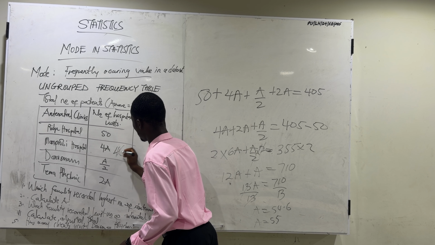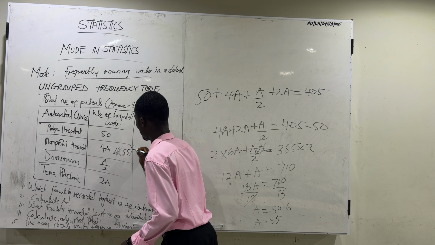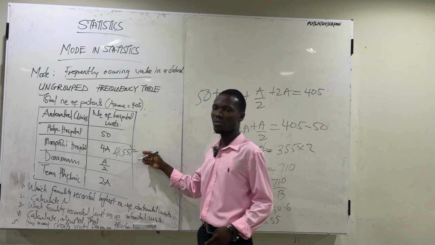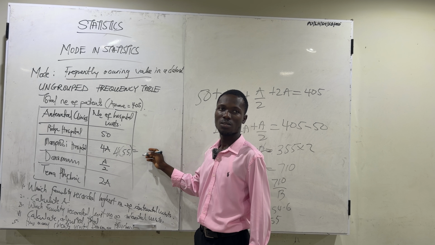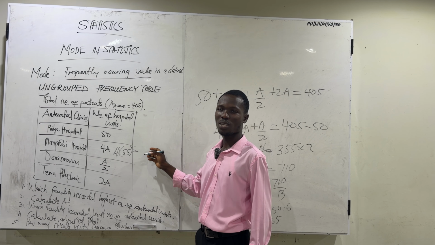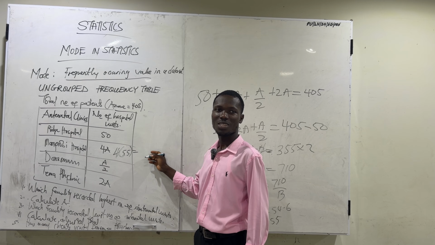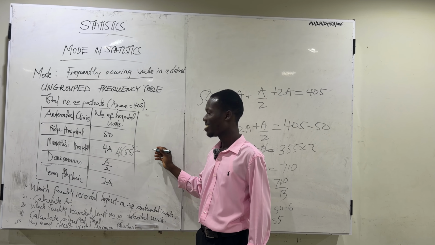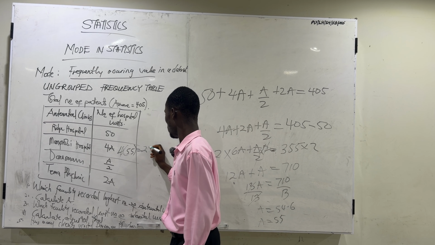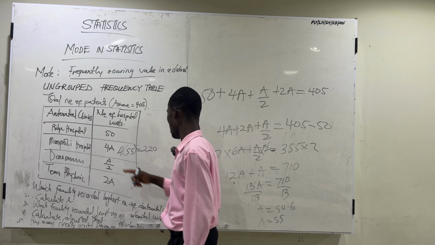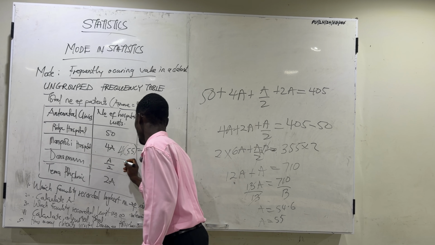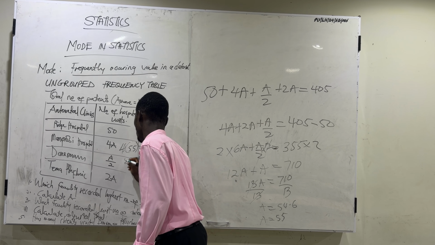4 times 55 is 220. Now here too, we'll have 55 divided by 2.